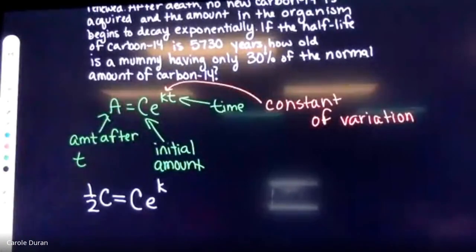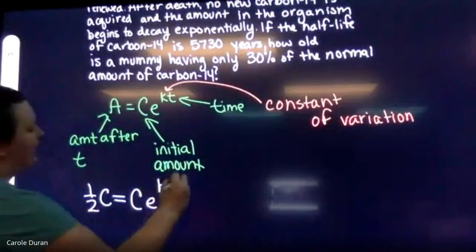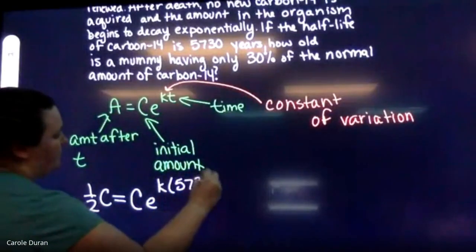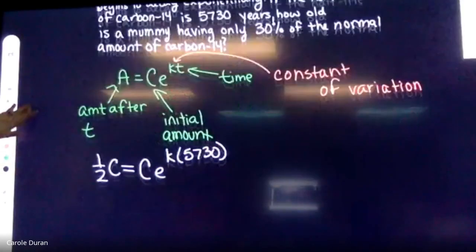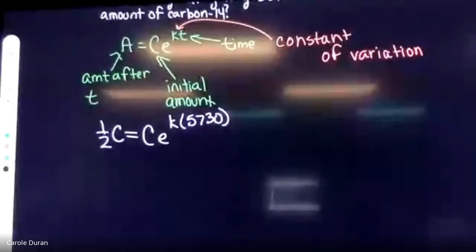And then the time is going to be that half-life number of years. So A was just half of what I started with, and T was 5,730. Now we're just going to move some stuff around to get the K value by itself, and then we'll plug it back in and solve for my mummy problem.